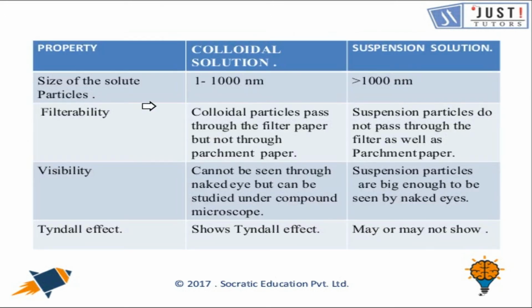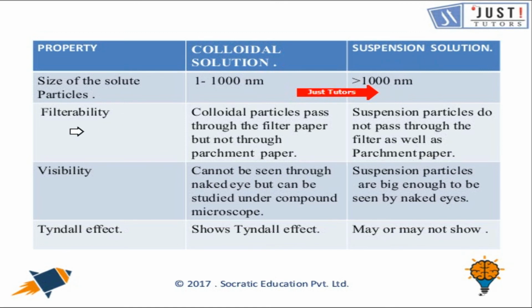Now, these are few properties of colloidal and suspension. This is a comparison. The size of solute particle is 1 nanometer to 1000 nanometer in colloidal, but more than 1000 nanometer in suspension, which is equivalent to 1 micrometer. So more than 1 micrometer in suspension solution.